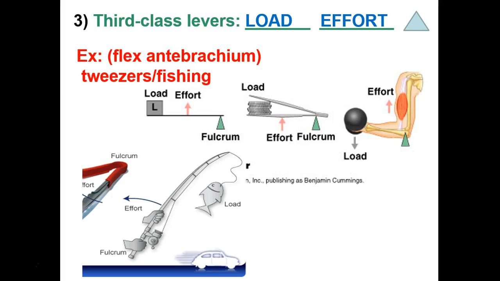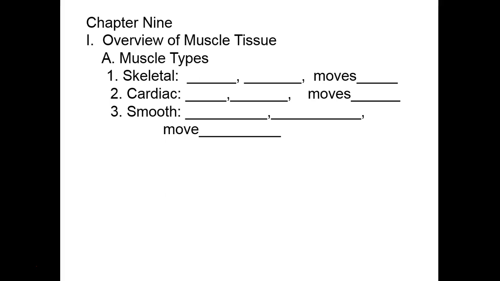Just like when you're fishing, the one hand you're holding the pole steady in is the fulcrum, and then you grab further up on the fishing rod, and that's where you exert your effort or your muscle action, and of course your fish is your load. Third class lever system. Load, effort, and then the fulcrum.